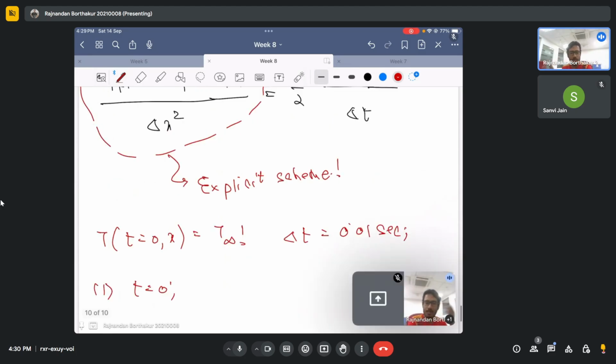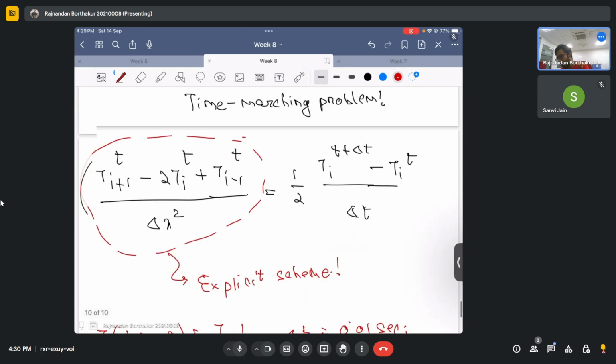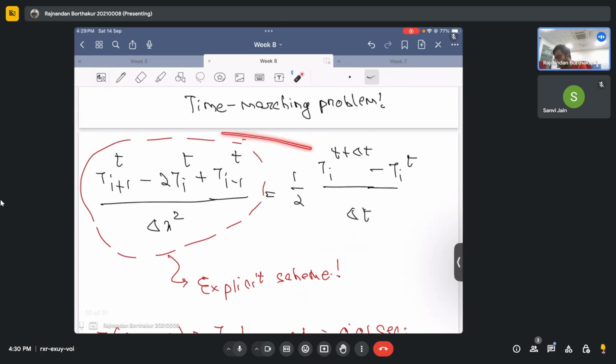So at t equal to 0, if you have a look at this equation, this temperature, I'll just name it like this, will become T i at t plus delta t, and since I'm starting my time at t equal to 0, this would become T i at 0.01 seconds.